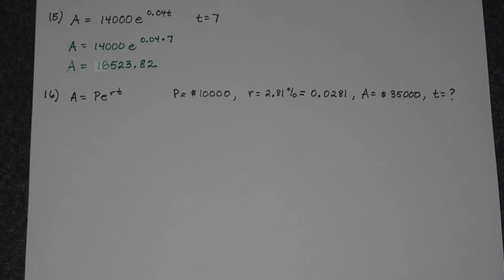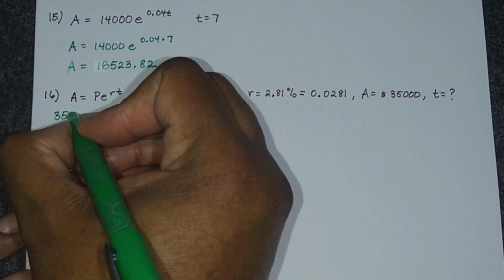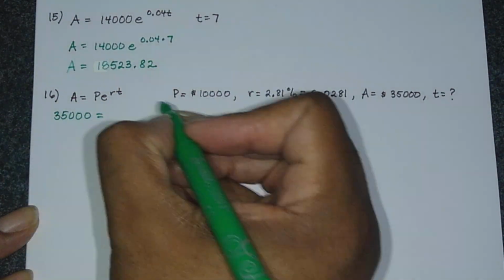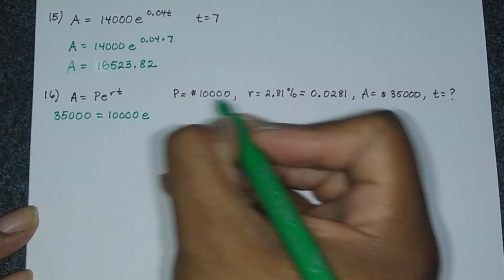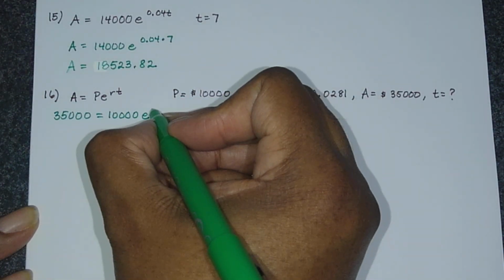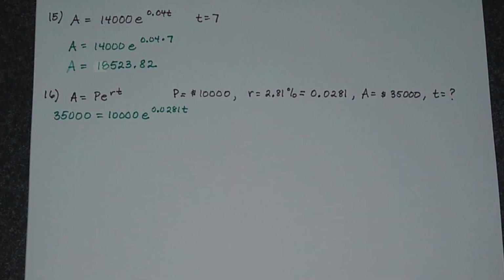So we're going to use that continuous compound interest formula, A is equal to P times e to the rt, and substitute the A with 35,000. That's going to be equal to the P, which is 10,000, times e to the r, that's going to be 0.0281 times t.